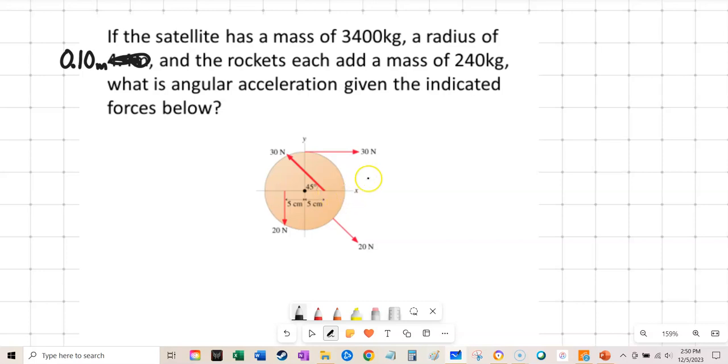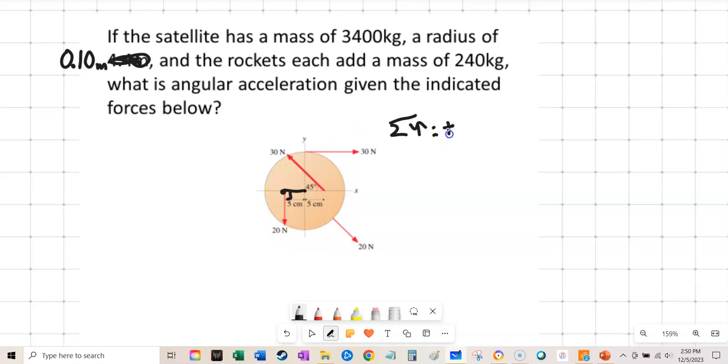Okay, we're back. So what we're going to do is sum up our torques. I'm going to start with this torque right here. This thing is attached right here, so it's at a perfect 90 degrees to the lever arm. It's 5 centimeters away, and if this were allowed to spin, it would spin it counterclockwise.